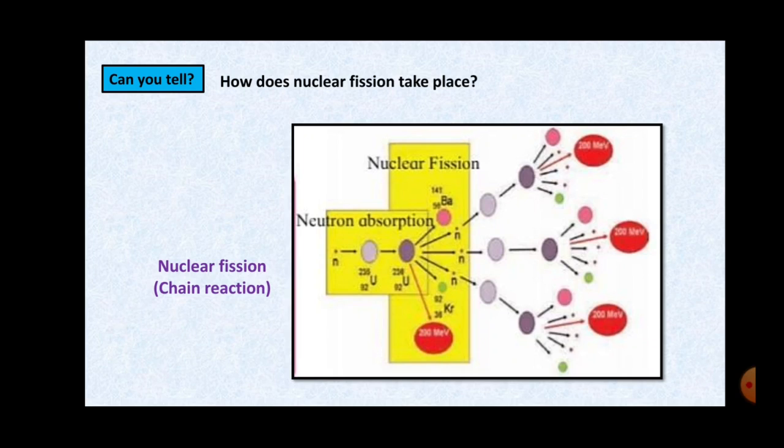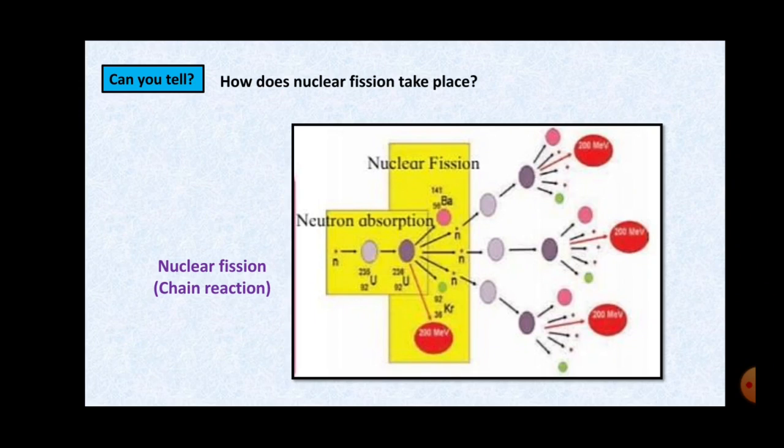Now this uranium-236 is extremely unstable. It cannot remain for a long period of time. As soon as it is formed, it breaks up into barium and krypton, and three neutrons are released.